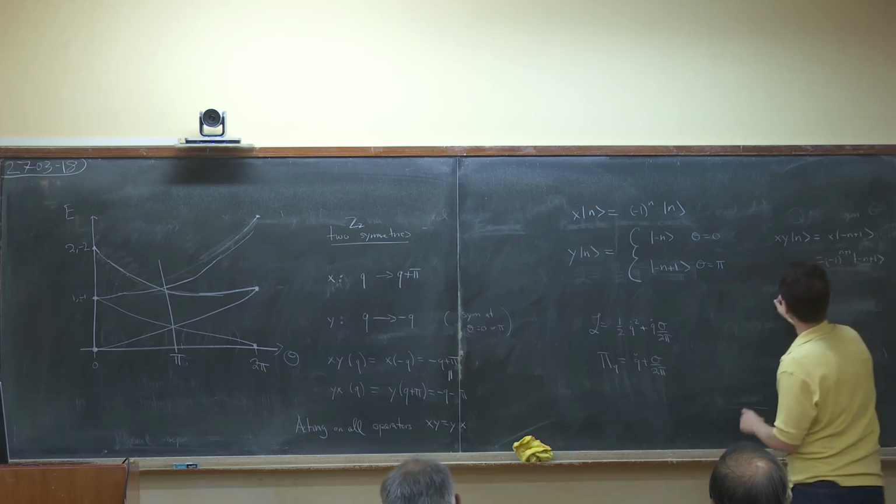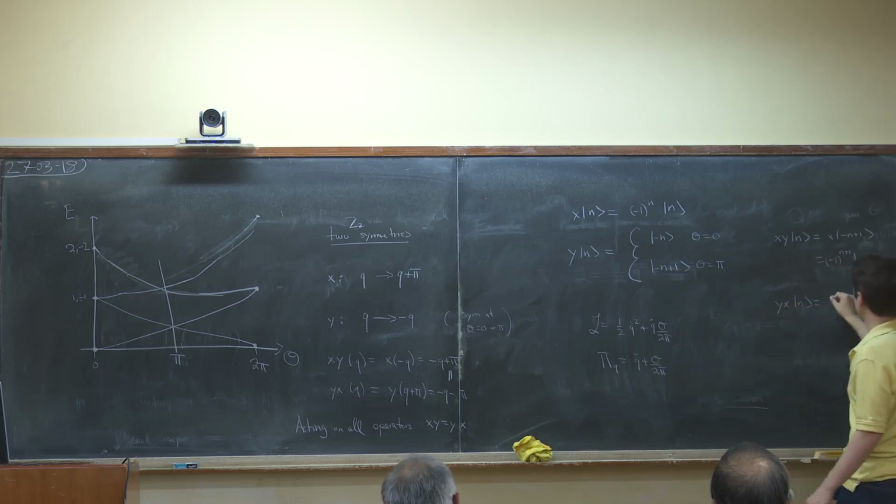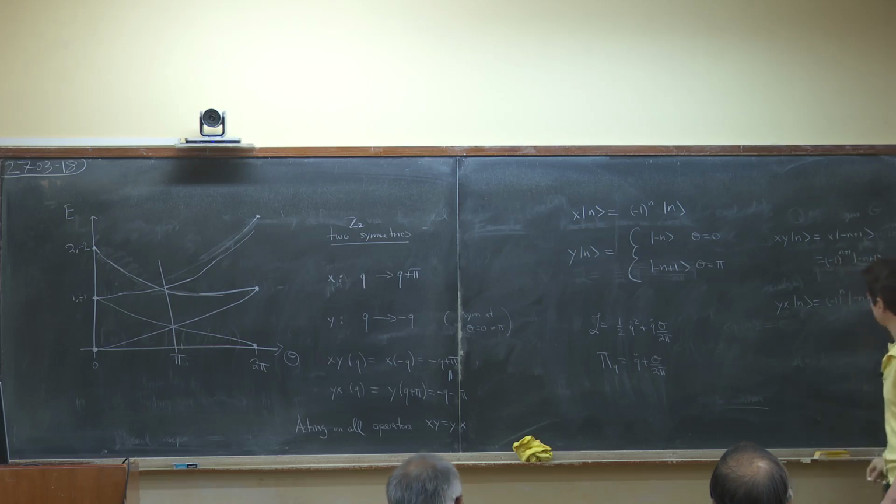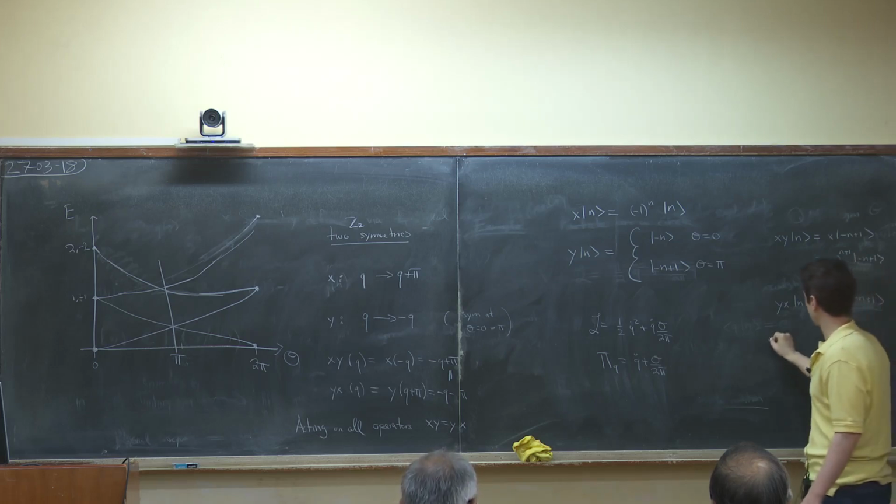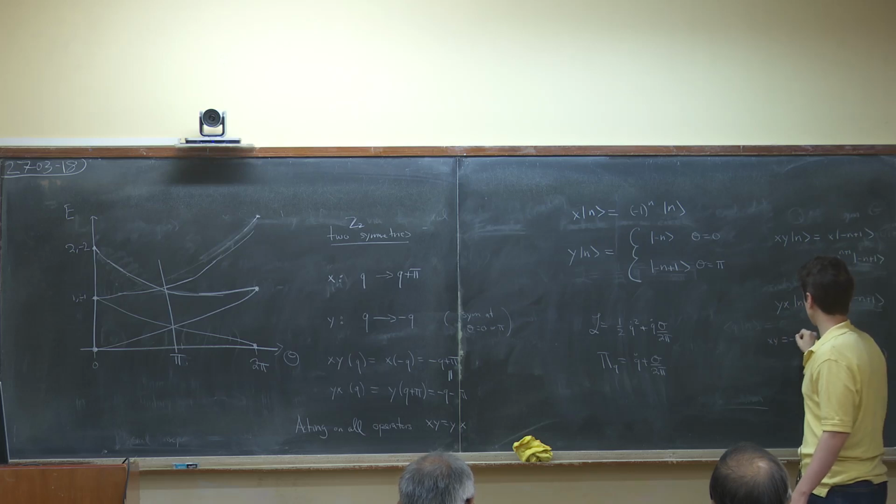Whereas yx on n is minus 1 to the n times minus n plus 1. So you see this pesky plus 1 here. So xy on the states equals minus yx.